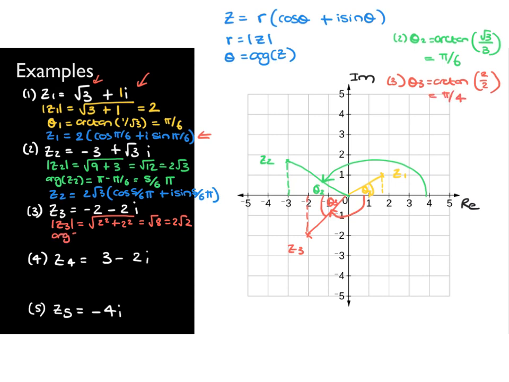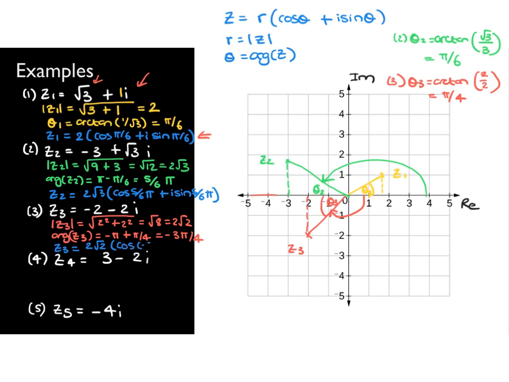So the argument of z3 is equal to negative pi. Remember, that's if you go the whole way up to the negative real axis, plus this angle pi by 4, which gives me negative 3 pi by 4. So z3 in modulus argument form, we can just about squeeze it in, is 2 root 2 or root 8, doesn't really matter that much for the modulus there.